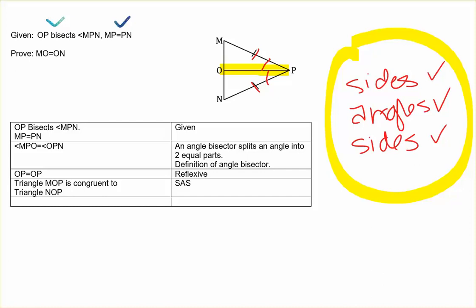We're not done yet. We wanted to prove that MO is equal to ON. Well, we know that because they're corresponding parts of congruent triangles. So my reason is CPCTC. What corresponding parts of congruent triangles means is think about if you have 2 cars that are the same brand, the same model.